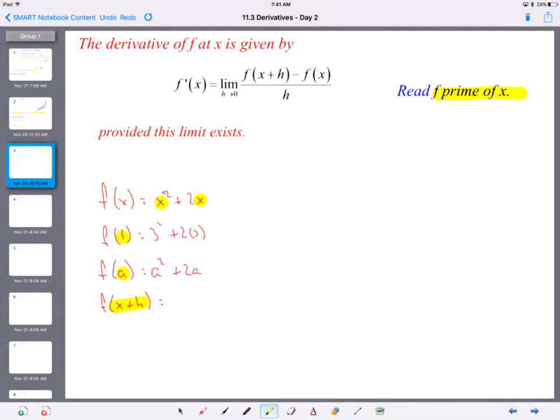That x and that x should get replaced with the x plus h. So instead of x being squared, now it's x plus h being squared, plus 2 times x plus h. That's what you're going to be doing on this derivative when you have to find f of x plus h: plugging in that x plus h every time there's an x.